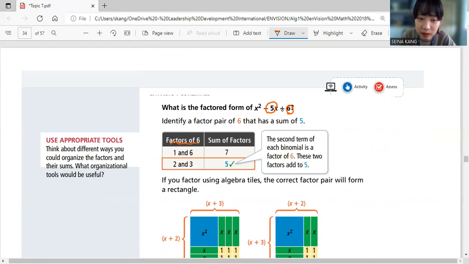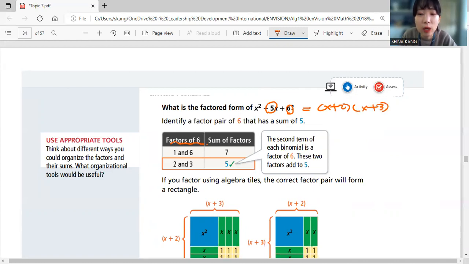That's why we're figuring out the factors of 6. And the factors of 6 that sum to 5 would be 2 and 3. And so you'll get x plus 2 times x plus 3. That's going to be equal to x squared plus 5x plus 6.